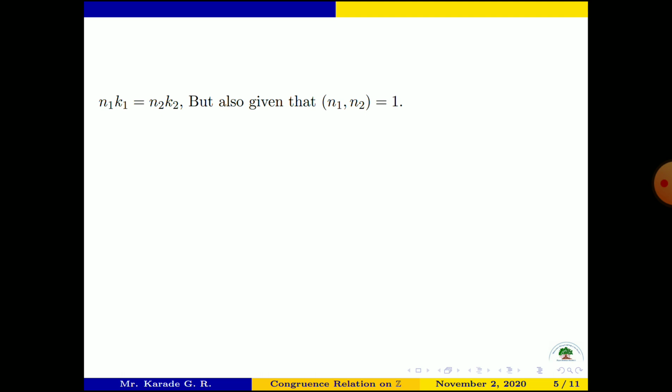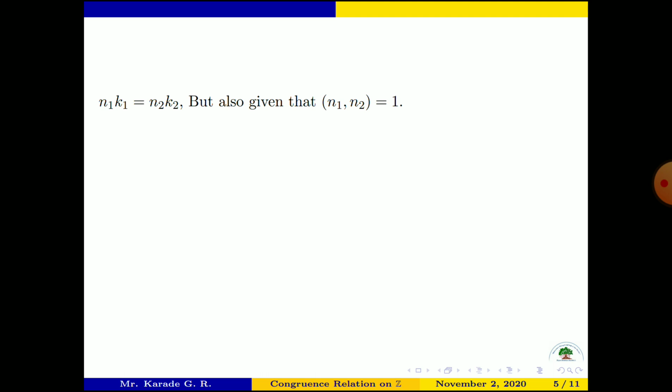Therefore, n1 and n2, their greatest common divisor is 1, which means there is no common divisor between n1 and n2. Therefore, n1 does not divide n2 and n2 does not divide n1.